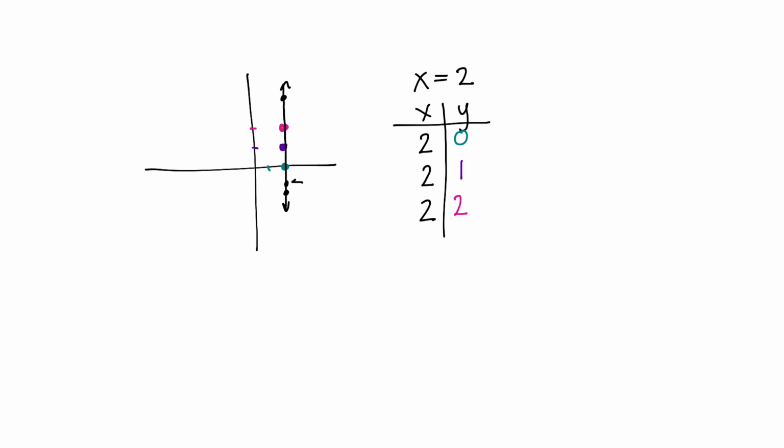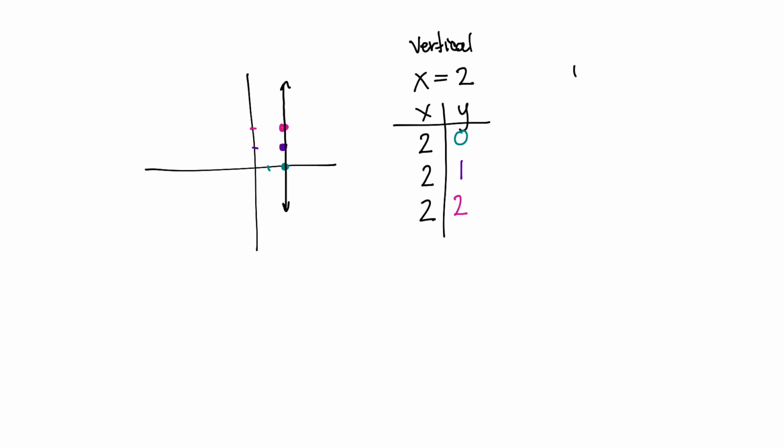Might be a fraction, might be a decimal, but every single one of these is 2 comma something. That's what this says. X has to be 2, but y can be anything, basically. So an x-only equation becomes a vertical line.